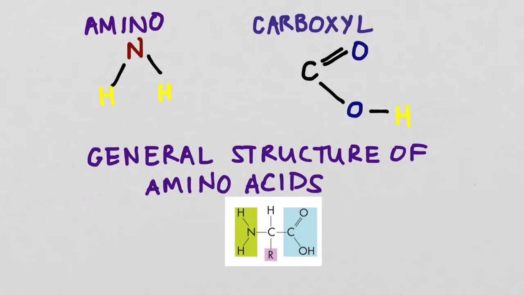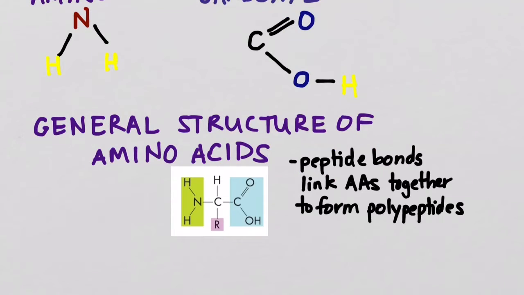And so, as I said, proteins are chains of these amino acids. Specifically, we are going to have covalent bonds, which we call peptide bonds, that will link the amino acids together to form something called a polypeptide. So, a protein is a functional molecule that's built from one or more polypeptides.